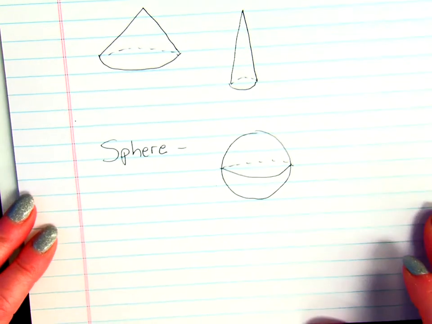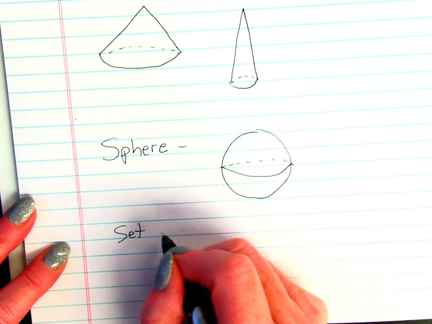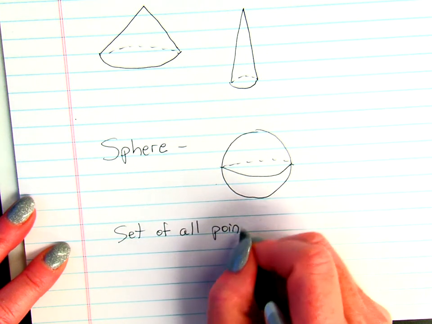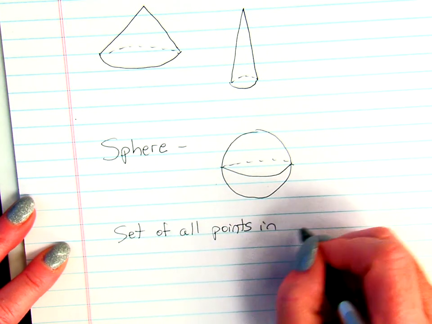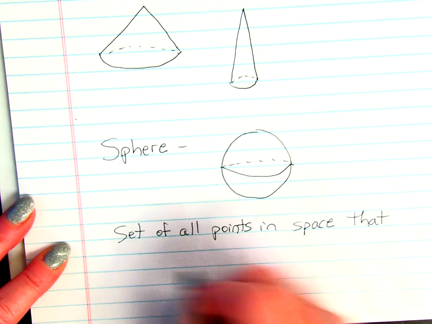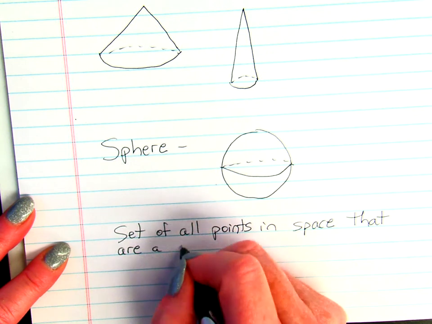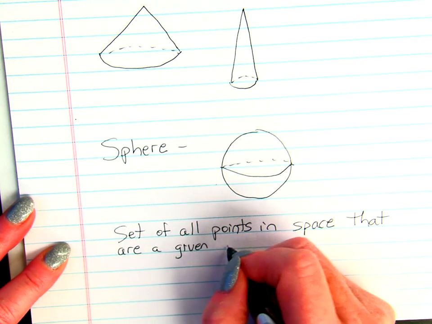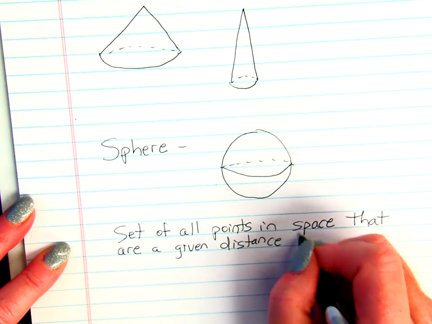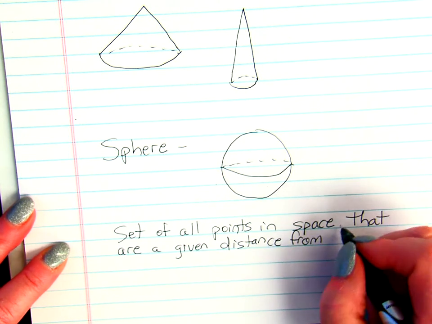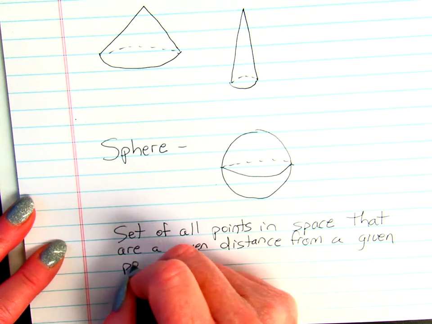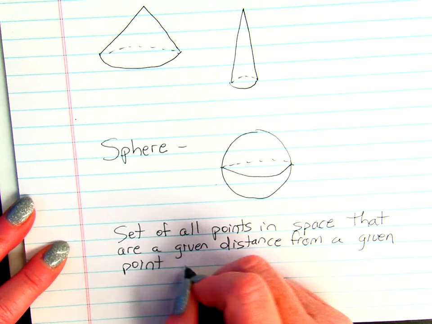The sphere is the set of all points in space that are a given distance from a given point called the center.